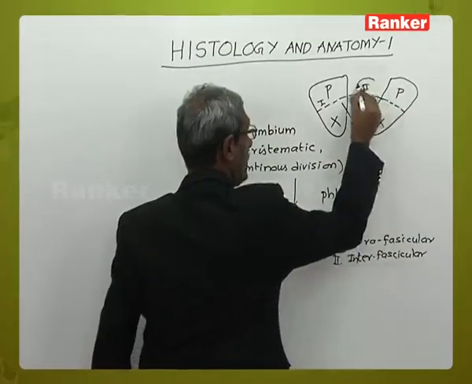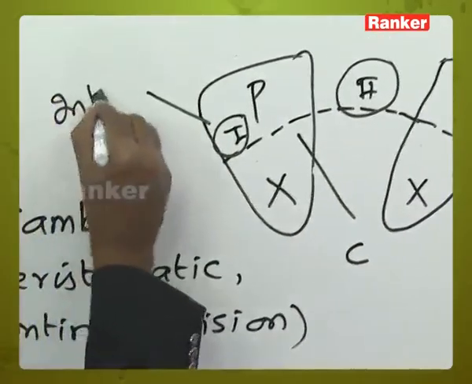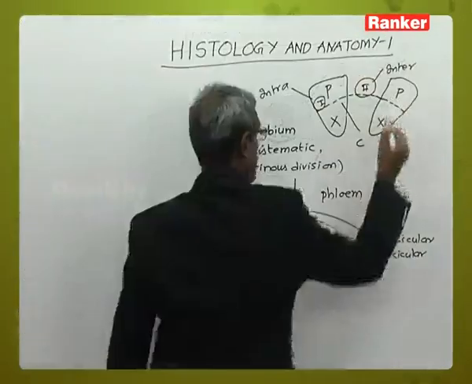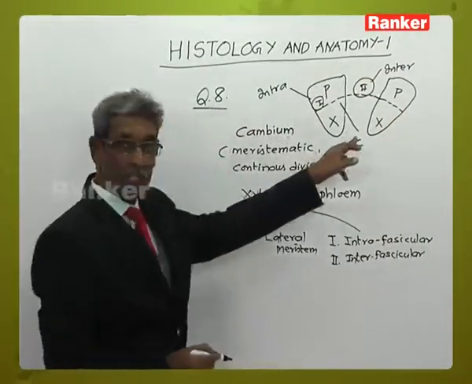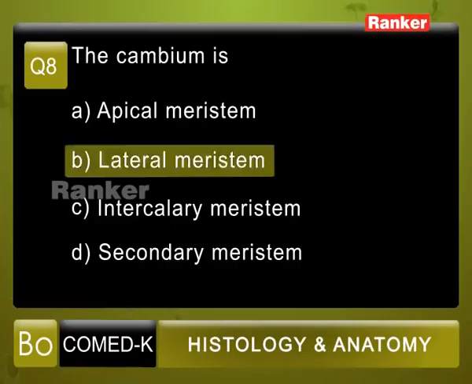So, this is interfascicular cambium, this is intra, I-N-T-R-A, and this is I-N-T-E-R. So, this is an evidence to say that cambium is a lateral meristem. The right answer is B.